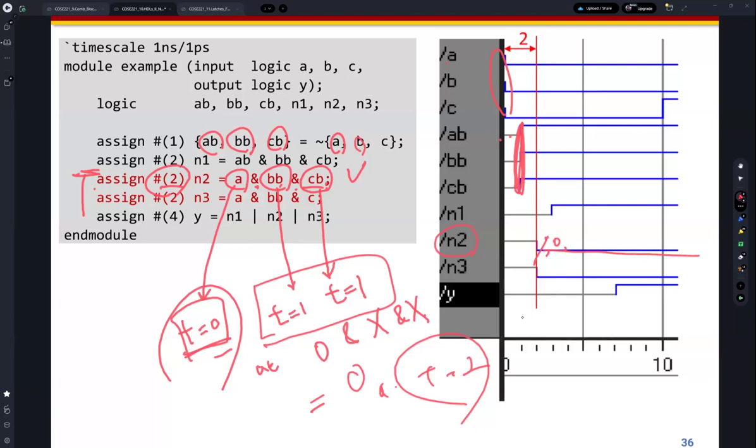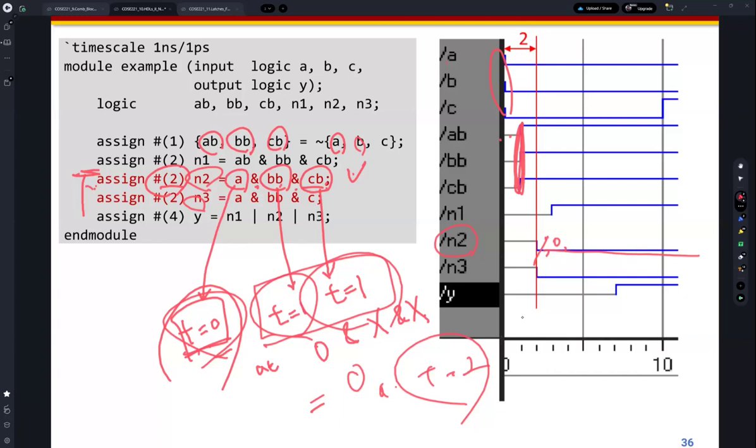So actually for this assignment, the n2 is the same. Because A is changed at t equals 0, and then BB and CB are changed at t equals 1, it is computed twice, at t equals 0 and then at t equals 1. This statement will be executed twice.